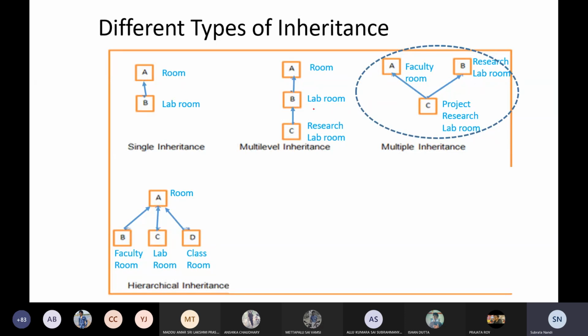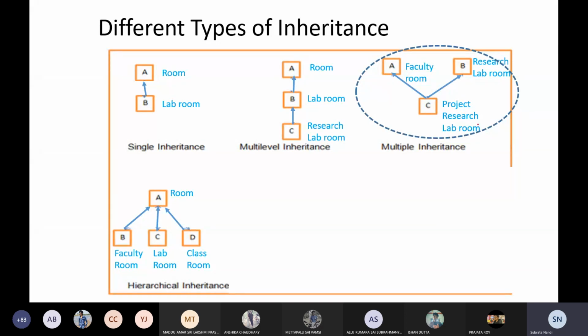And a lab room can also be considered a research lab room, where instead of just having desktops, you have workstations and cubicles for the research scholars or PhD scholars to sit. So it has some additional features, and probably it will have a shared printer for their use, and they will have their own drawers. So in multiple inheritance, what happens now?